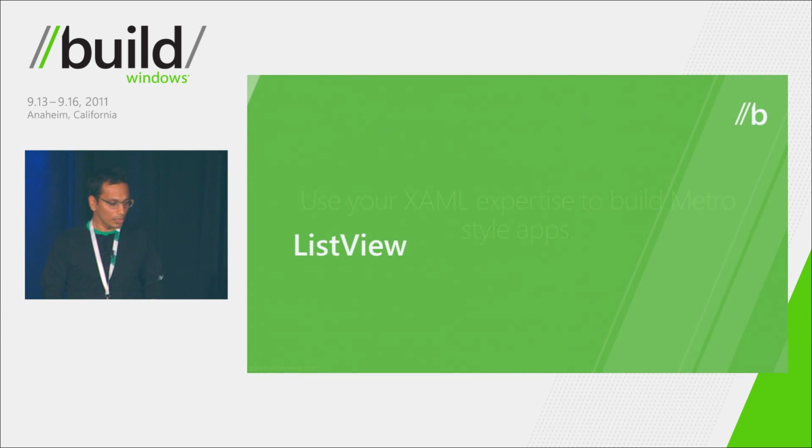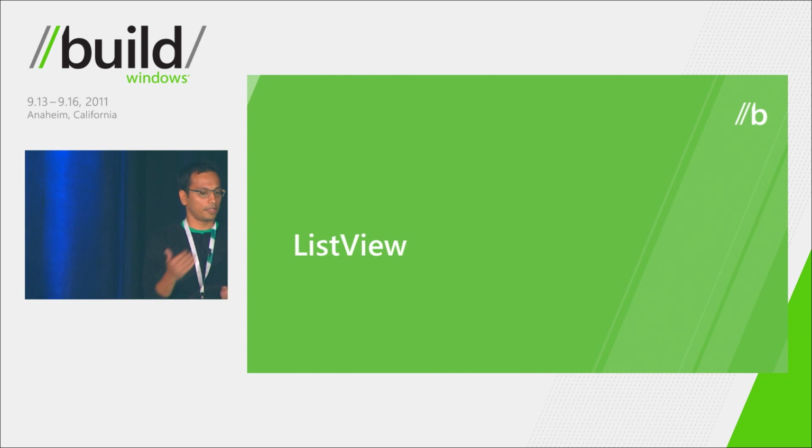So the first control in our list is called list view. It's a control that displays a collection of items where each item is stacked vertically. It's really good for scenarios like a media playlist or any other kind of playlist where you need some kind of ordering.